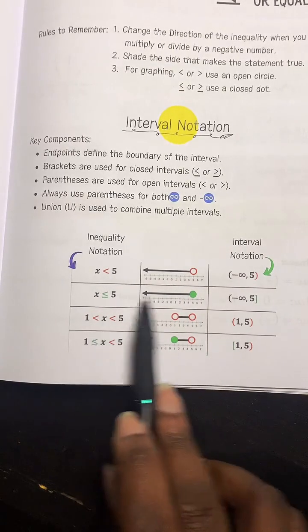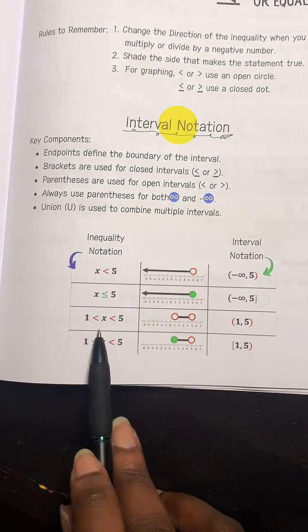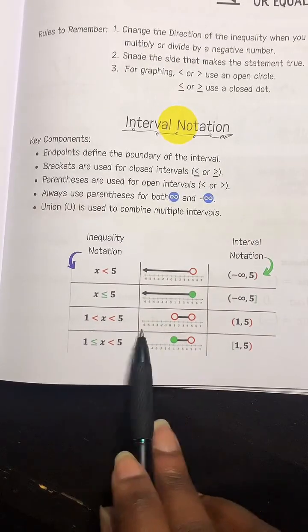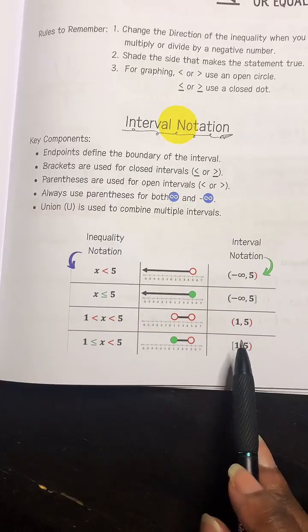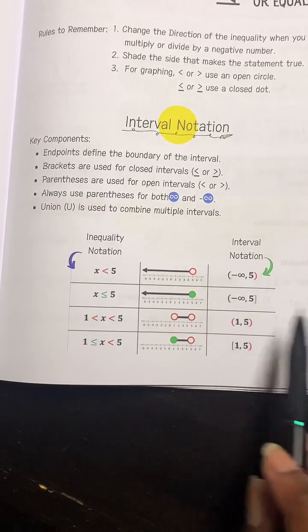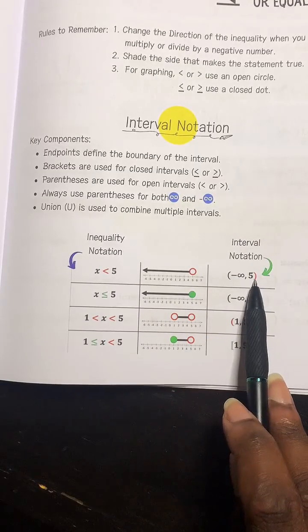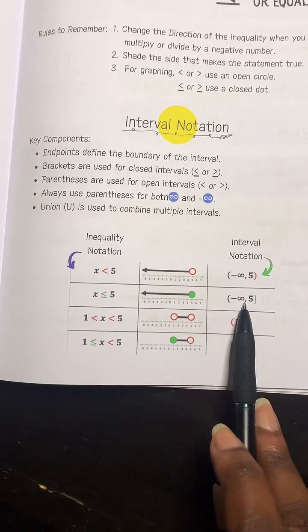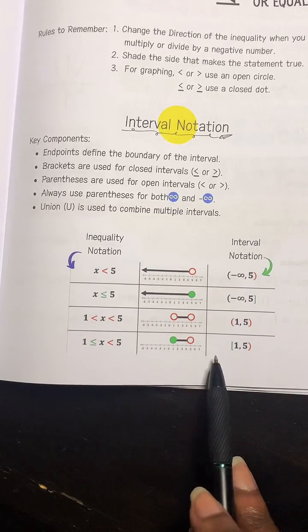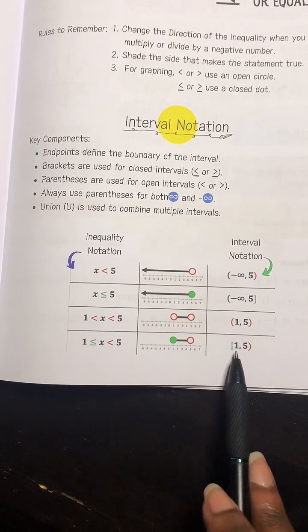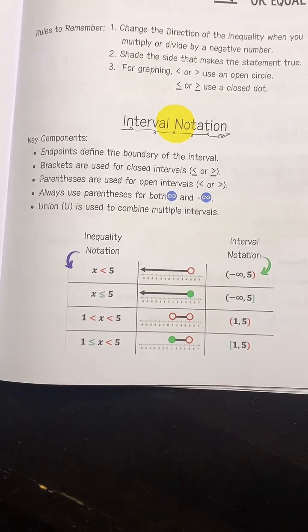If it's less than or equal to, it's a dot. We'll work on those intervals possibly Saturday. And for interval notation, if it's an open circle, it's a parenthesis. The infinities are always a parenthesis. If it's closed, it's going to be a bracket.